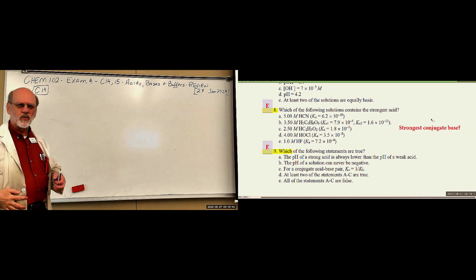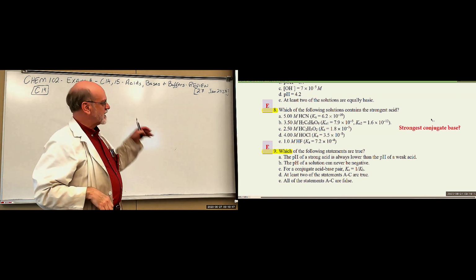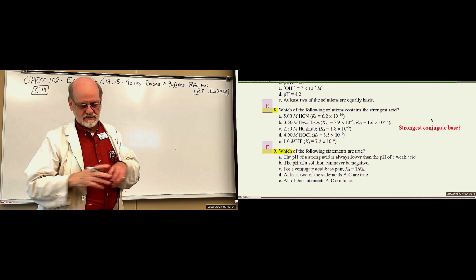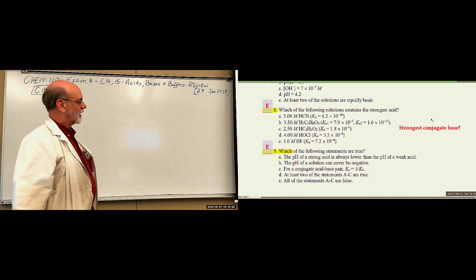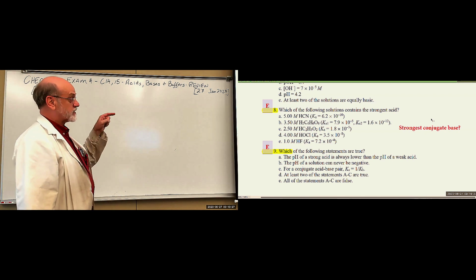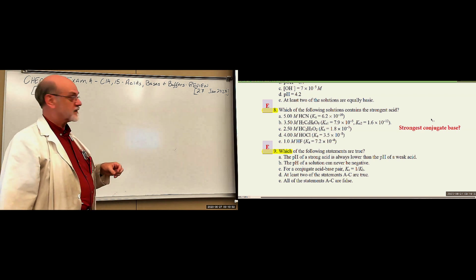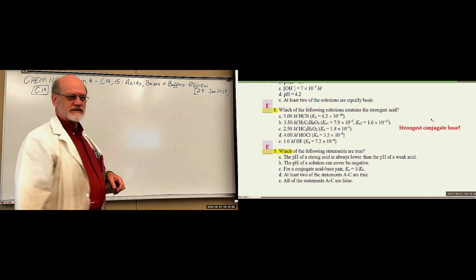I think in the worked problems, I went to the trouble of calculating the pH for each one of those. I think I was just trying to make a point. But to answer the question, all we need to do is compare the Ka. Now, which one has the strongest conjugate base?